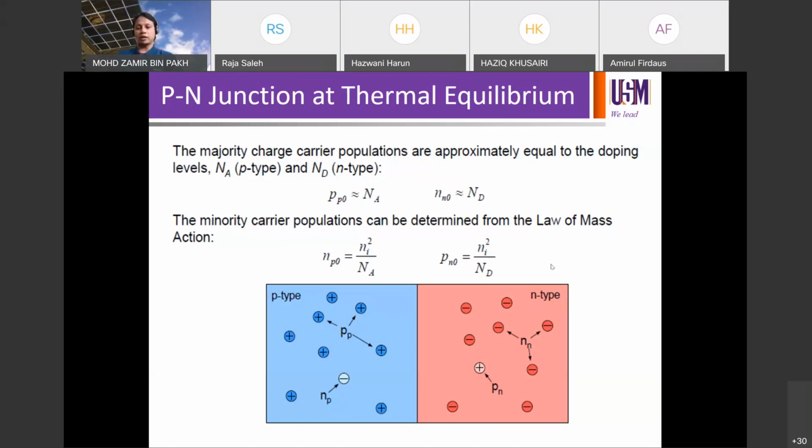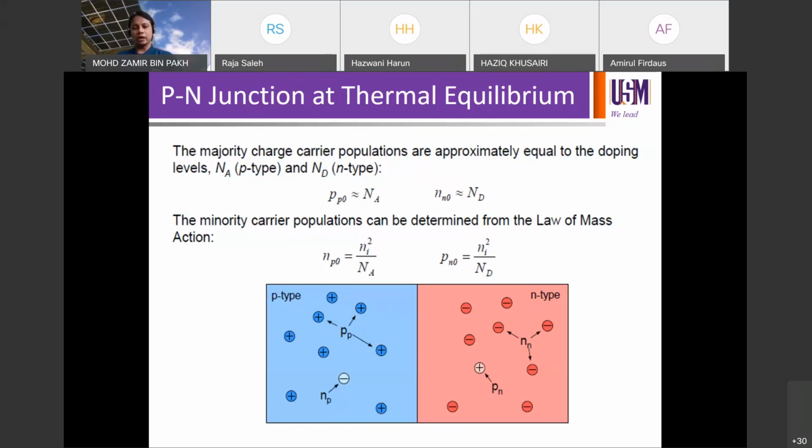The minority carrier in the n-type is the hole. Therefore, the hole as the minority carrier is given by Pn naught, the density of holes in n-type material at thermal equilibrium, which is Ni squared over Nd, or Ni squared over Nn naught, right?